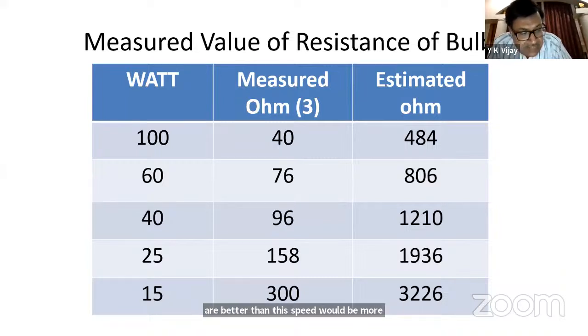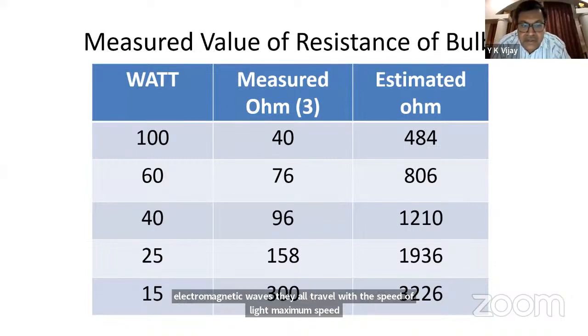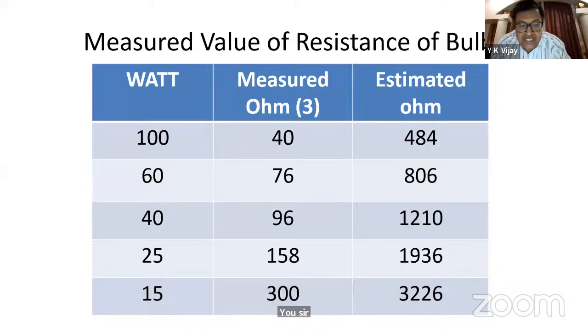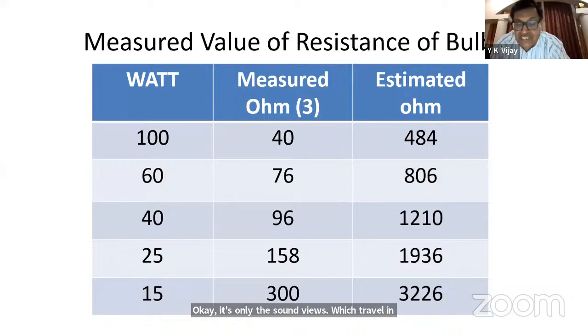Well, electromagnetic waves all travel with the speed of light, the maximum speed. It's only the sound waves which travel in different media with different velocity.